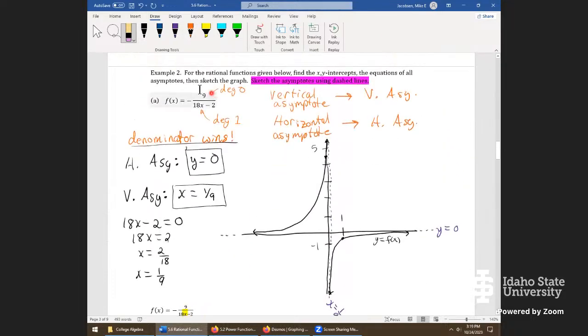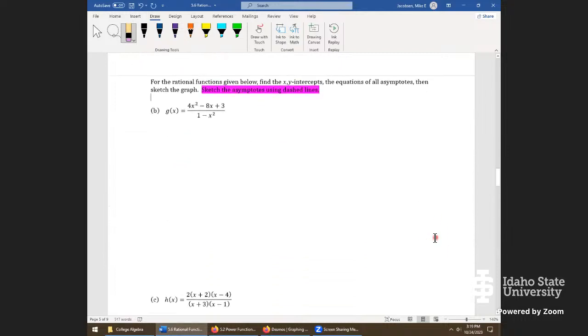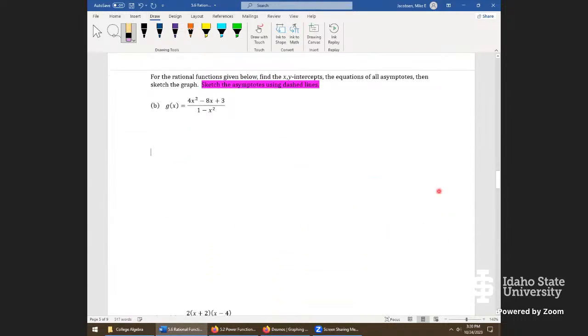And here's our new function. Let me just copy down the instructions as well, so we're aware of what they were. So for this brand new function here, let's start in the same order. Oh, good call on that. We can factor the denominator as a difference of squares.